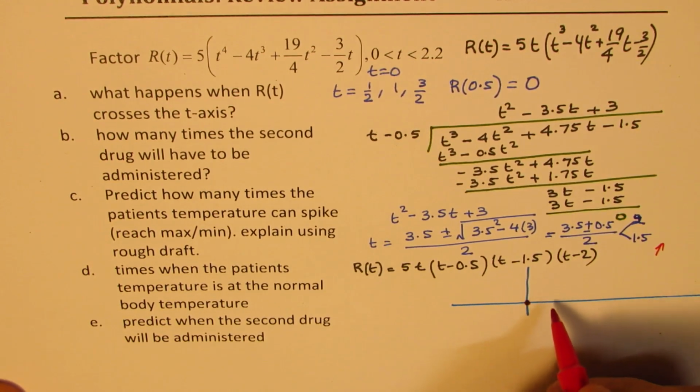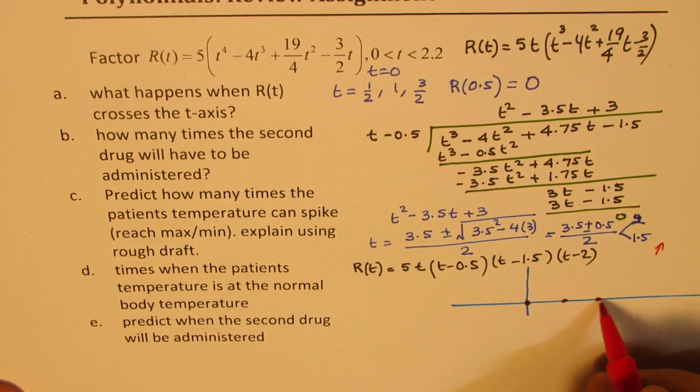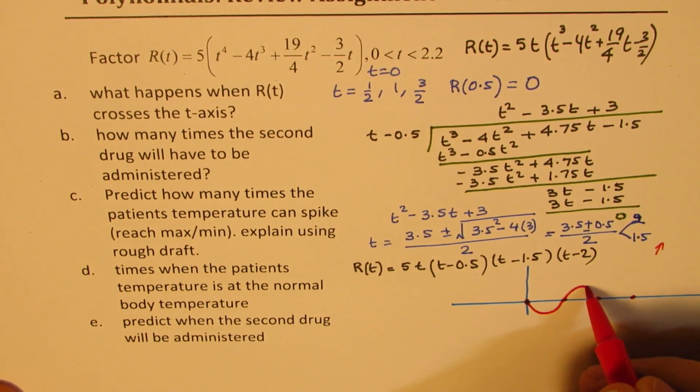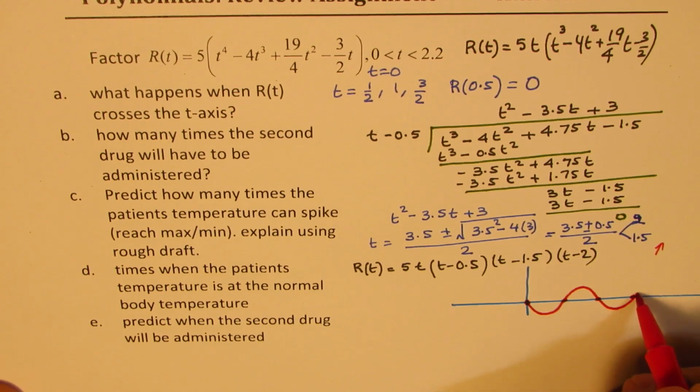So we have zeros at 0, then at 0.5, then at 1.5, and at 2. So they are equally spaced, right? So it comes down here, goes, and then like this. Okay, so that becomes the graph of this particular function.